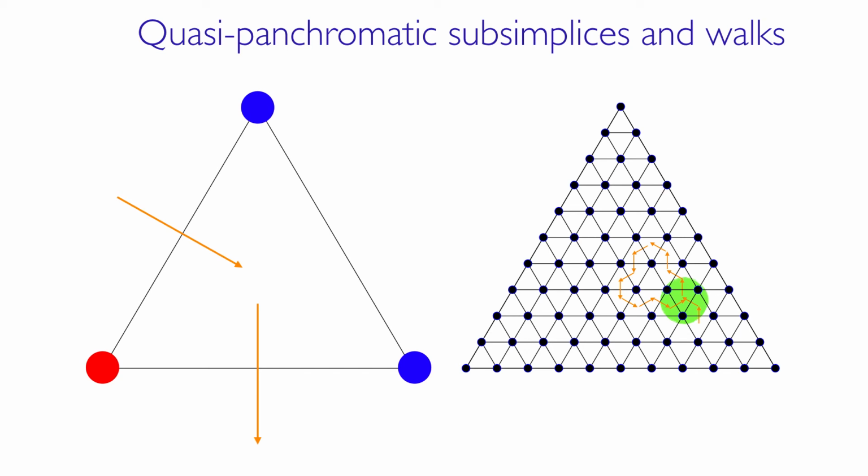But as discussed before, every quasi-panchromatic subsimplex has only two facets with n given labels. So Sperner loops are not possible.